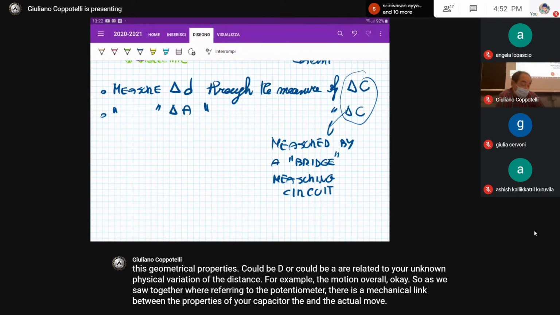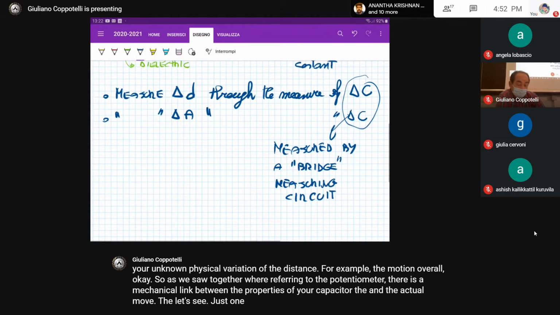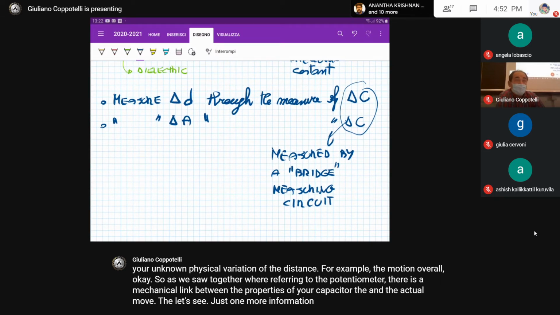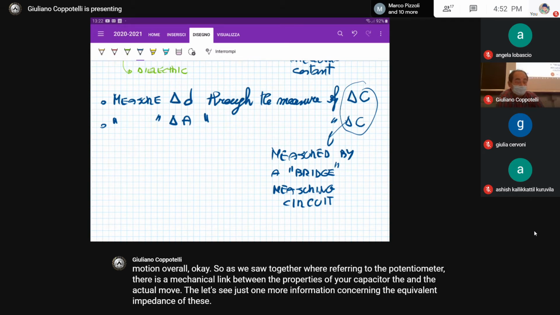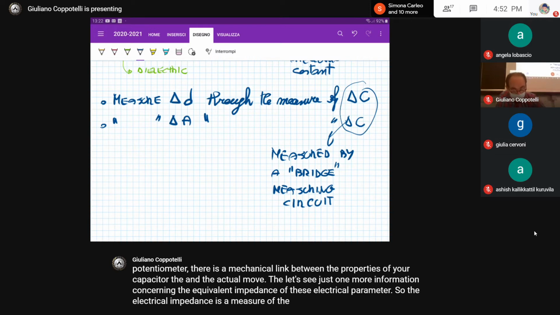That's it. Just one more piece of information concerning the equivalent impedance of this electrical parameter. So the electrical impedance is a measure of the resistance, okay?